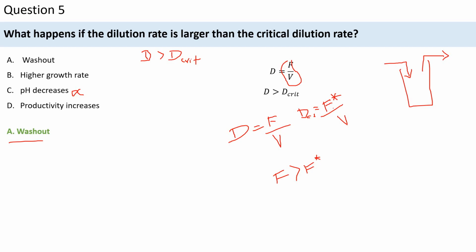If D is greater than D critical, the flow rate has already surpassed the critical flow rate. So whatever cells are present in the media will keep on coming out, and because of that washout happens. At a certain point, all the cells will come out. Your steady state will not get maintained, nothing will get maintained. So increasing D more than D critical will lead to washout of the cells.